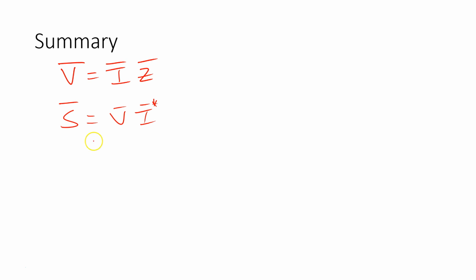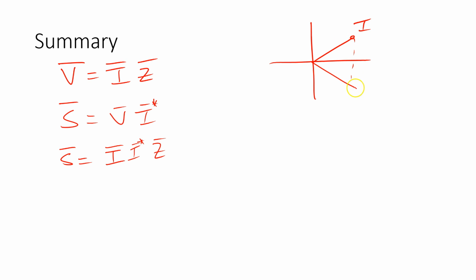Now I could combine both of these and find an equation with S and V and Z, just like I have P is equal to V squared on Z and P is equal to I squared R. I could do the same thing with S. If I substitute V is equal to IZ, I will get S is equal to I by I conjugate by Z. When I multiply I and I conjugate, remember the angles add, so the angle ends up being 0, and the magnitudes multiply.